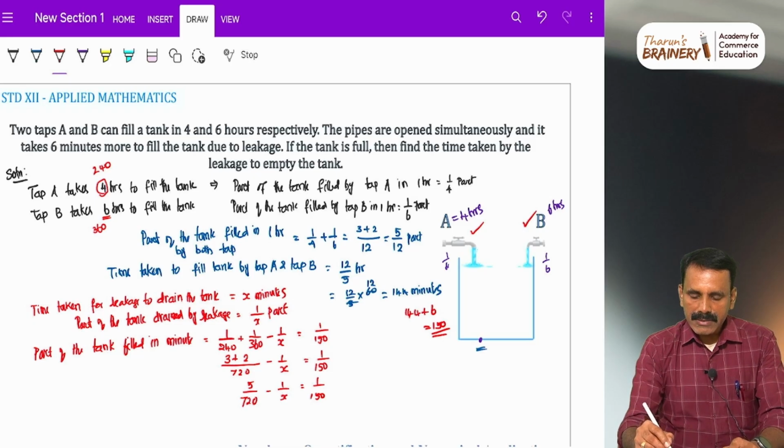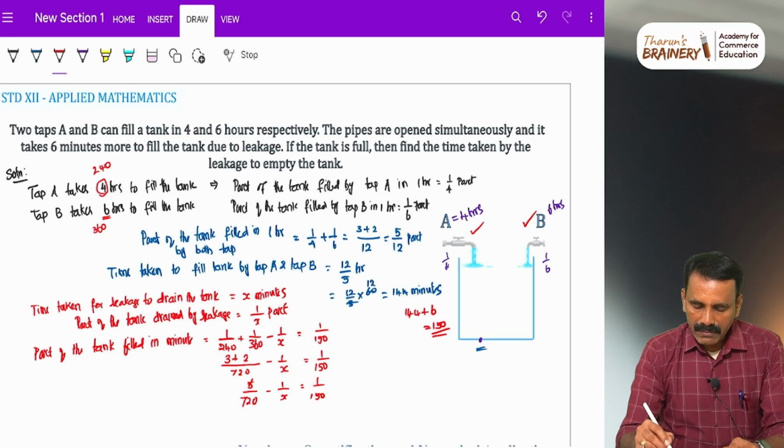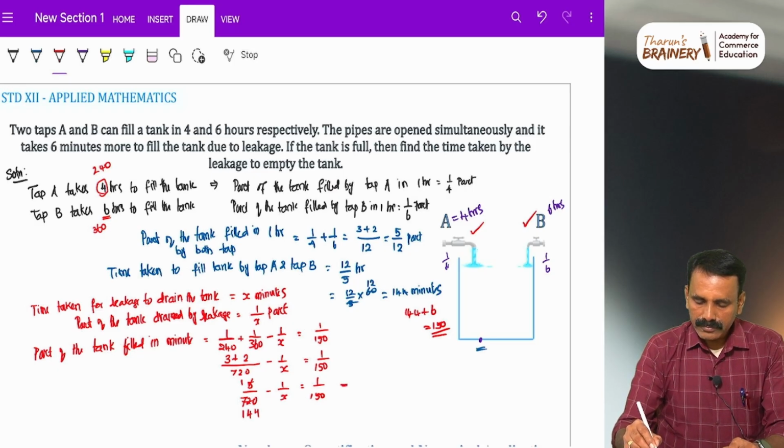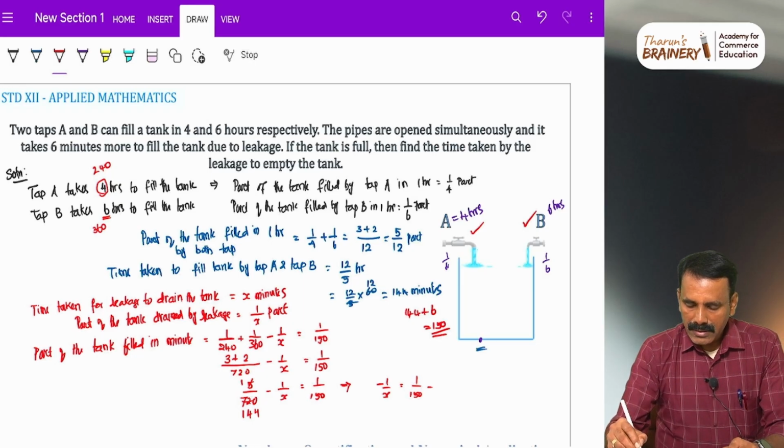So we cancel this expression, 5 will go one time, this is 144, which implies minus 1 by x is equal to 1 by 150 minus 1 by 144.